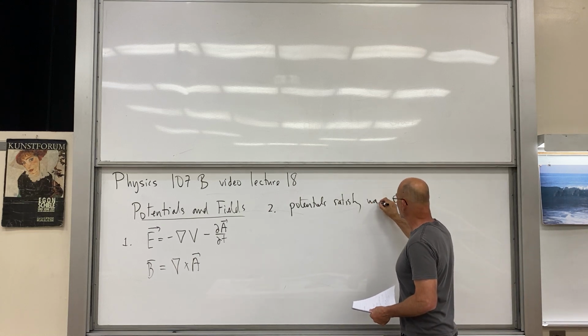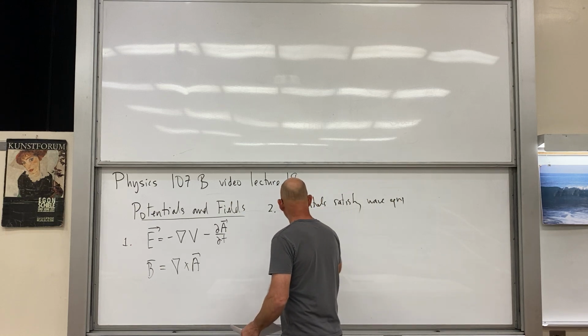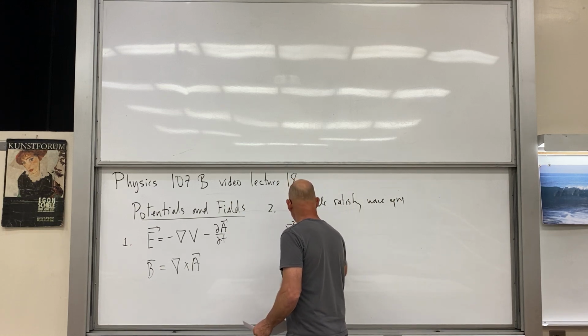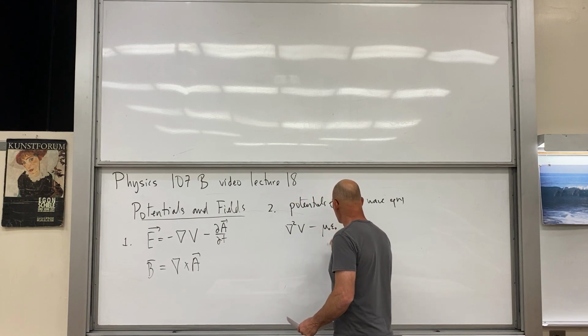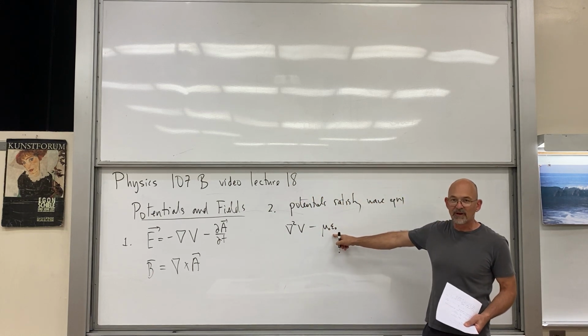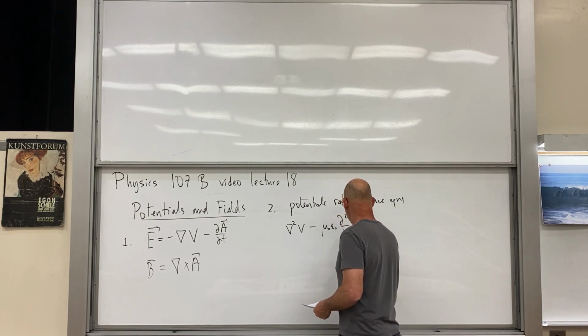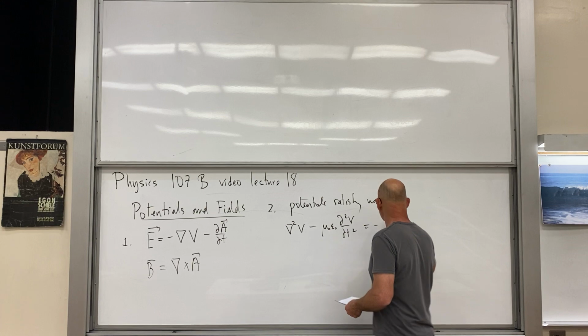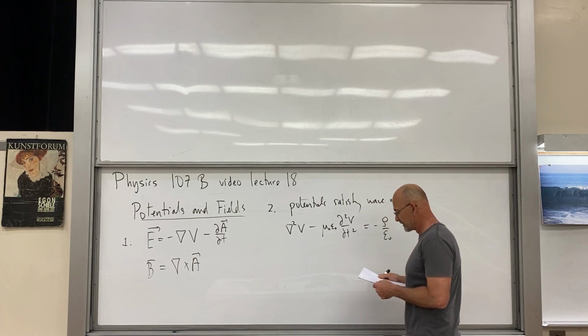So you've got del squared V minus mu naught epsilon naught, which is just the inverse of the speed of light squared, d squared V dt squared, equals minus your charge density over epsilon naught.